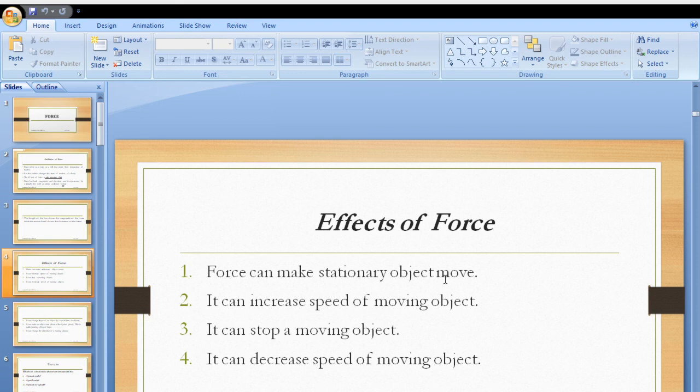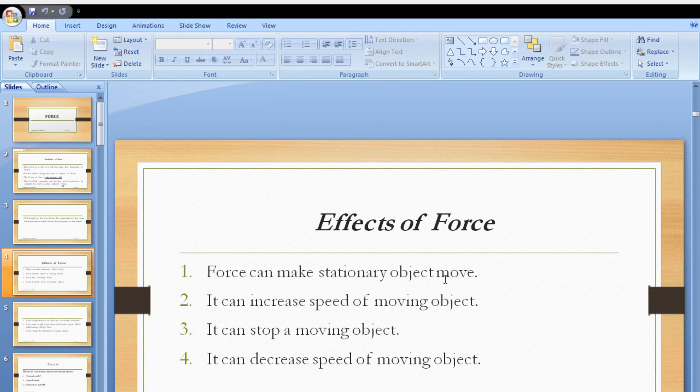For example, if I say force makes a stationary object move, I may be lying, because even if you apply a force to a lorry which is at rest, your force will not make that lorry move. But if you apply a force to a small object at rest, it will move. So we use a word of possibility, that it can either happen or not. So force can make a stationary object move.